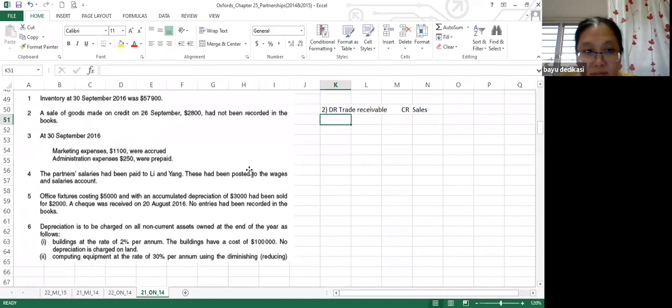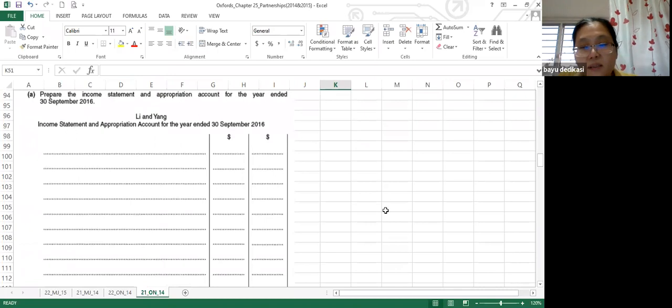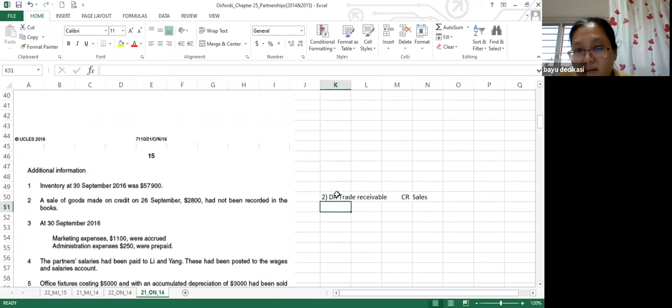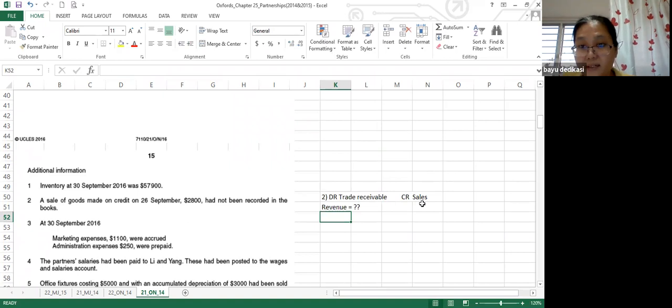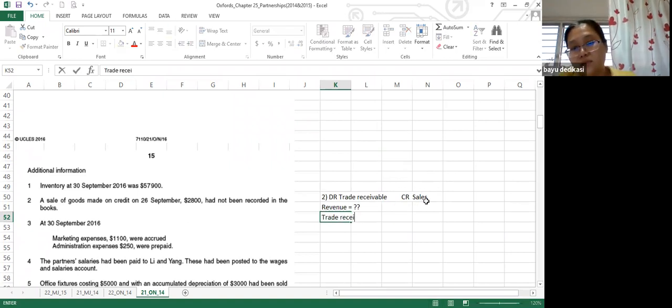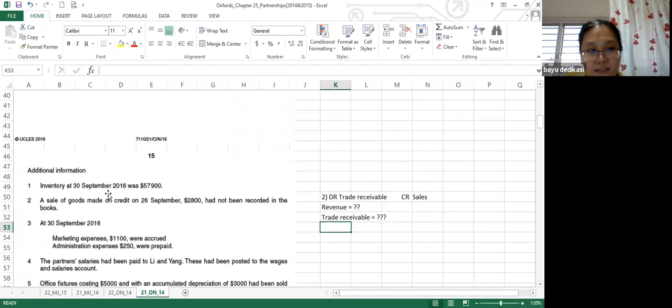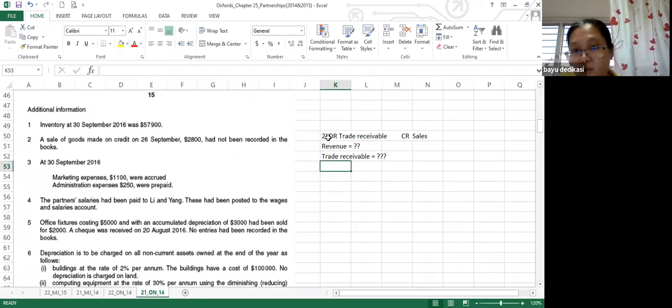Your account, I believe they asked to prepare income statement. Your account for revenue, you have to calculate how much it is before you put the final. This one is because of sales. And your trade receivable also, because this is on credit, sales on credit. So double entry, debit trade receivable, credit sales.